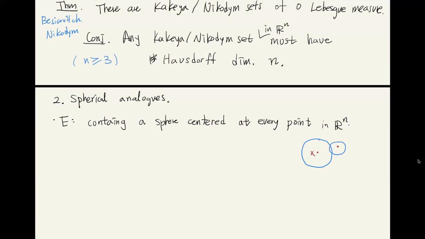So one can ask whether there is such a set with Lebesgue measure equal to 0. But this question was answered in the negative: any such set E must have positive Lebesgue measure.